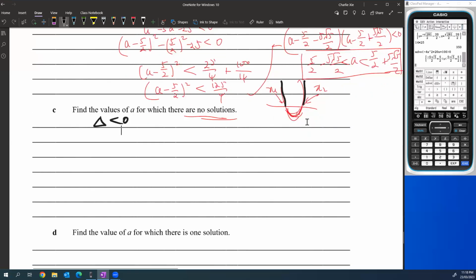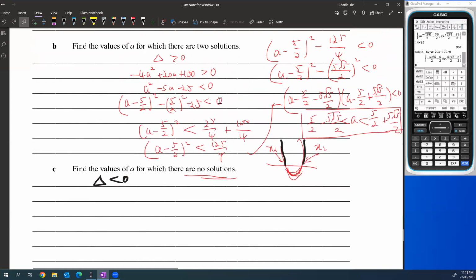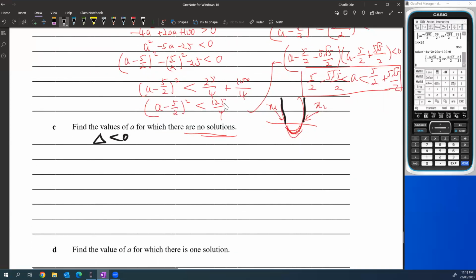So it's the complement of this one. For A, you can just state your answer: a has to be less than 5 over 2 minus 5 root 5 over 2, or a has to be greater than 5 over 2 plus 5 root 5 over 2.